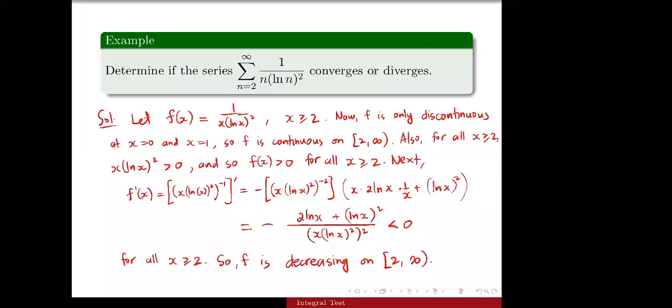So we have checked continuity, decreasing, and positivity. And obviously, we chose this function f of x equals 1 over x ln of x squared because when we evaluate that function at every natural number, we just replace the x with the n, and you will have the terms.